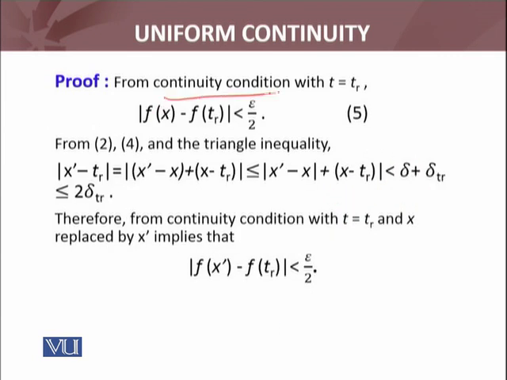From the continuity condition हमारे पास |f(x) - f(tr)| less than epsilon by 2, whenever with t equals tr.